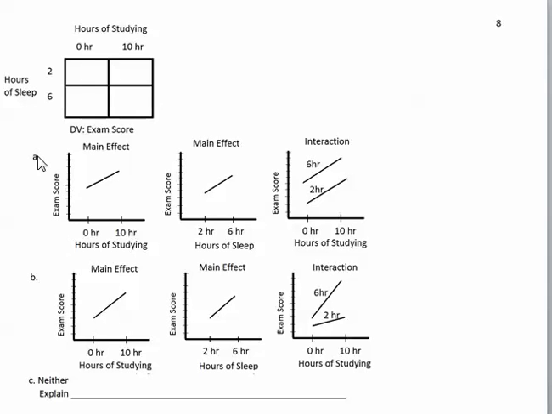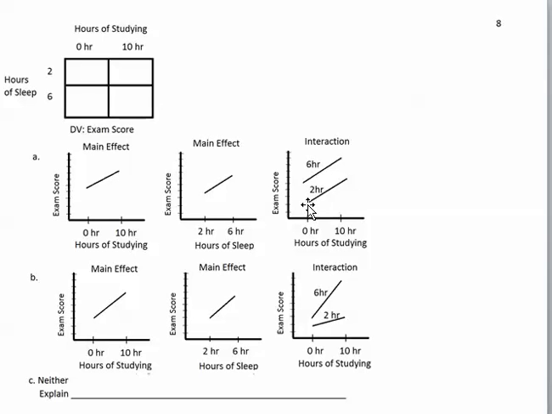In outcome A, the people who are studying 10 hours are doing better on average than the people who aren't studying. The people who are sleeping 6 hours are doing better on average than the people who are only sleeping 2 hours. And the two sleep groups are benefiting the same amount from studying.